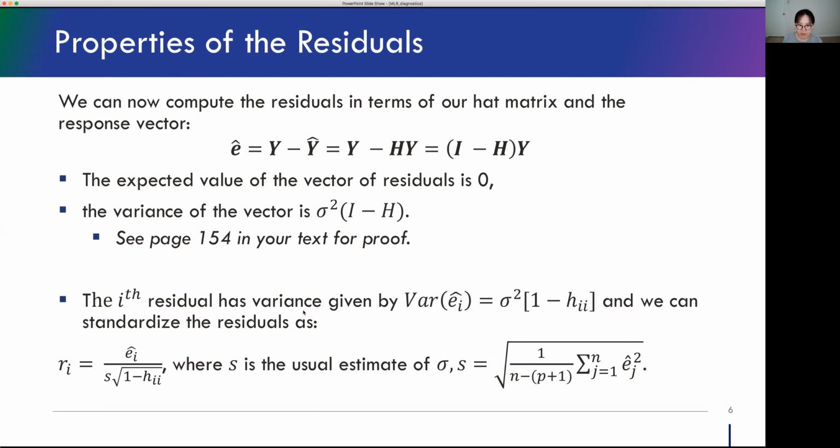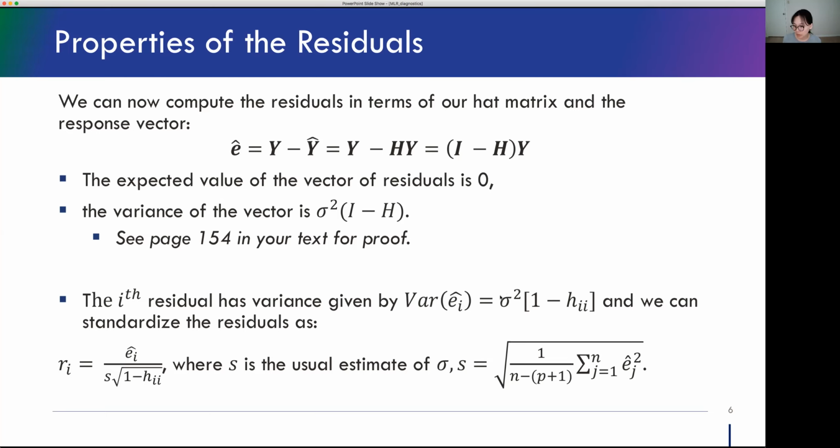The ith residual has variance given by this, where we still use the diagonal value from this hat matrix. And we can standardize the residual as this, where we have ei hat divided by its standard error, which is the square root of this.